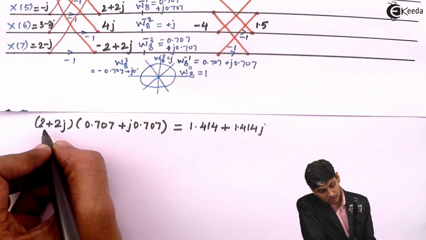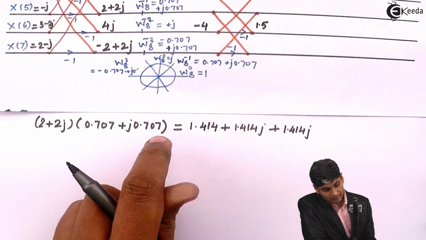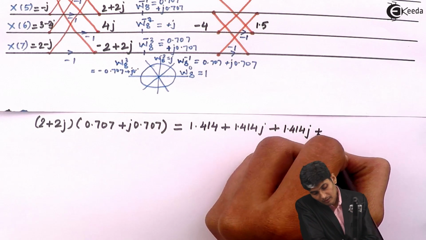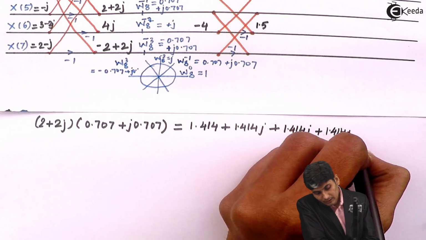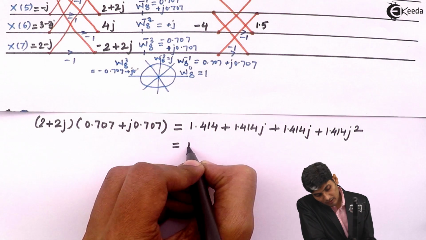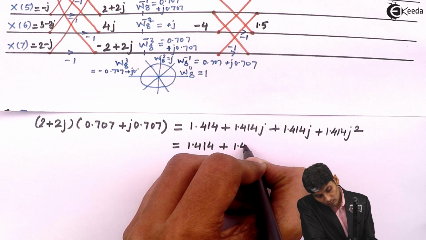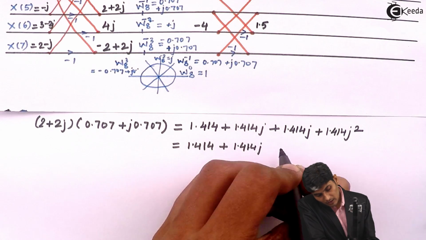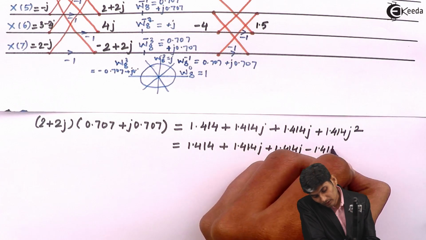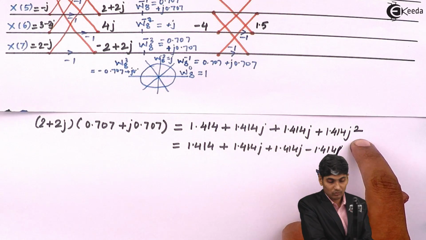Then we will multiply the complex number with both of these numbers. So first it will be plus 1.414j, and then it will be plus 1.414j square, because here it will get multiplied by j also. So that will give me 1.414 plus 1.414j plus 1.414j minus 1.414. Sorry, not j, 1.414, because j square is minus 1.